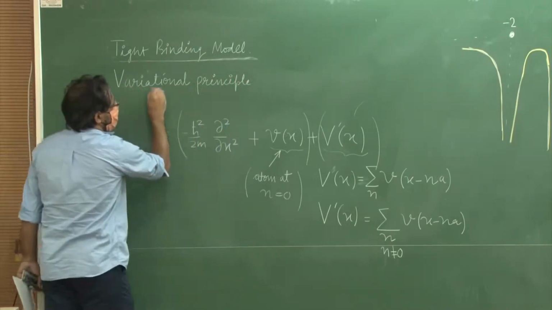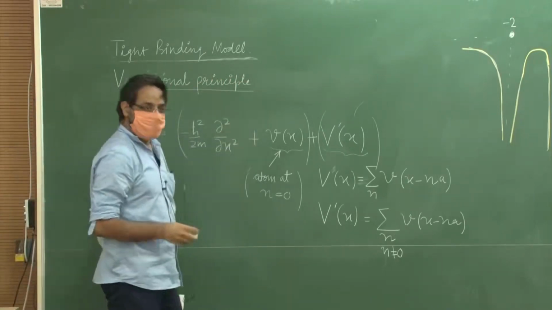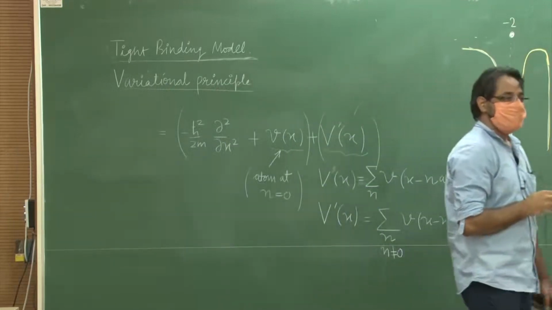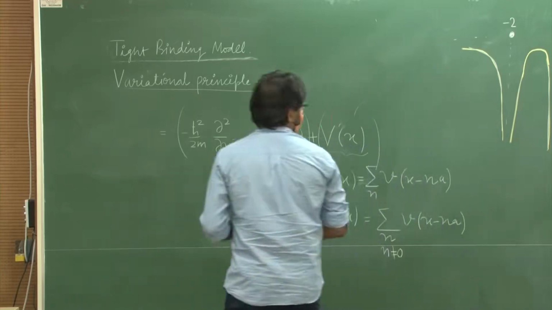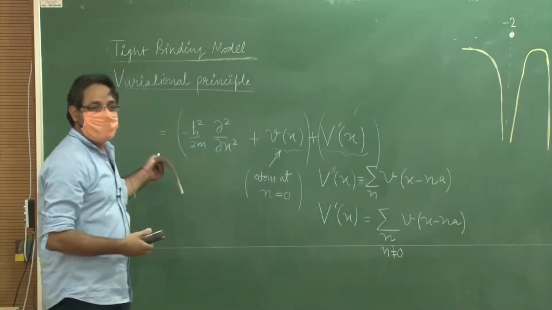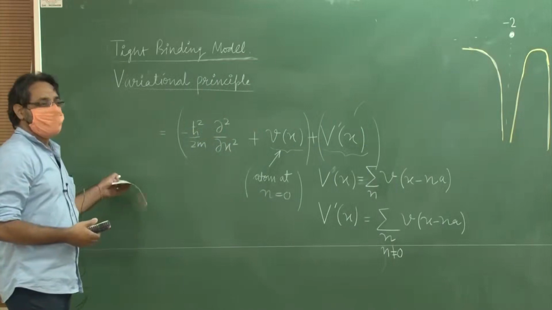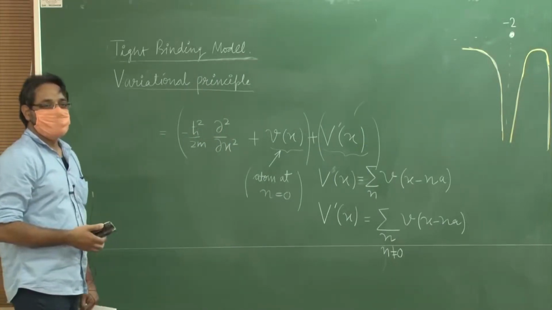Which problem did you use it for? Hydrogen molecule, right? Hydrogen molecule ion, H2 plus. That's the classical problem that you solve using the variational method. So what we are going to do now is very similar to the problem of the hydrogen molecule.